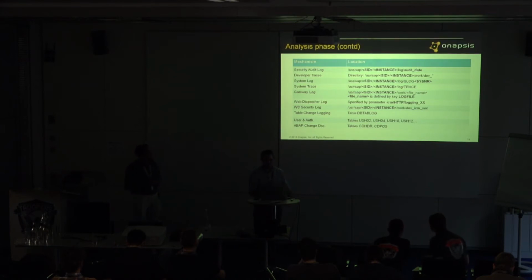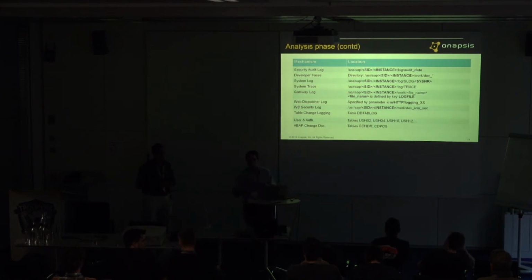In terms of the analysis, right? Once the prioritization, the scope definition, the prosecution definition, the initial symptoms identification, and information gathering are done, then it's time to get our hands dirty, right? It's time to analyze the information, and as I said before, it's a lot of information. It's a lot of different mechanisms. Some might be enabled, some others might not.